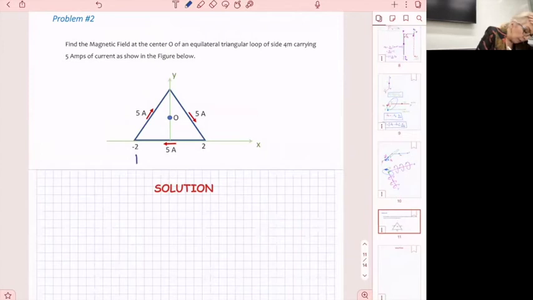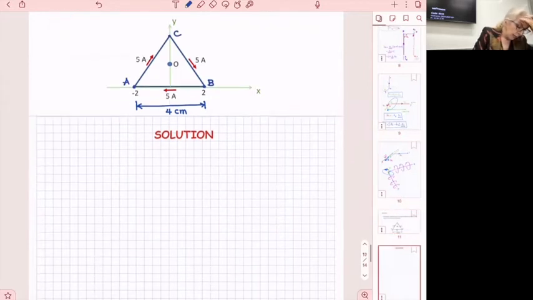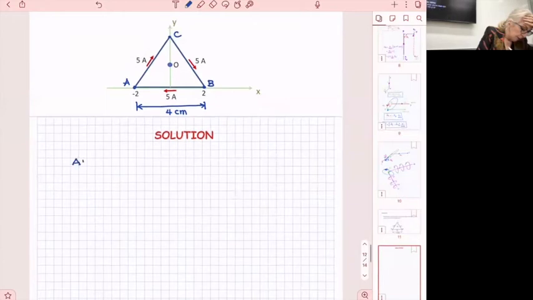So you have a triangle. Say this side is, for example, 4 centimeters. If this is point A, and points B and C, then AB equals BC equals CA equals 4 centimeters.